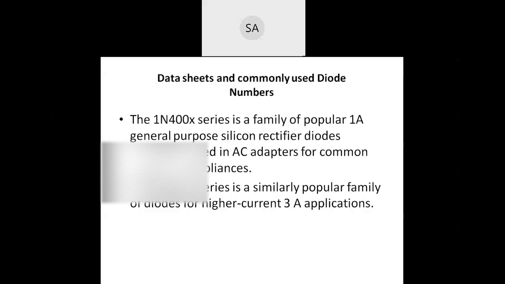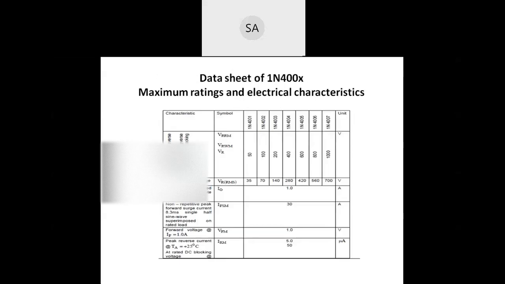IN400X is used for 1 ampere applications and IN540X for 3 ampere applications. So these are the two diode series. In each series we have different numbers, and each diode has different ratings.